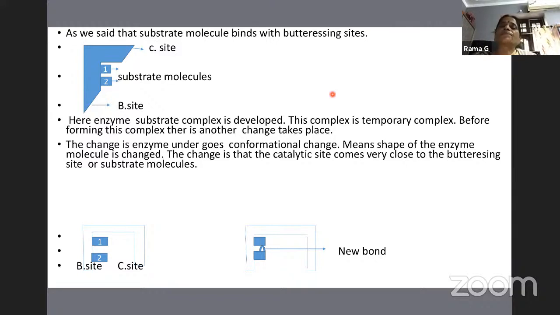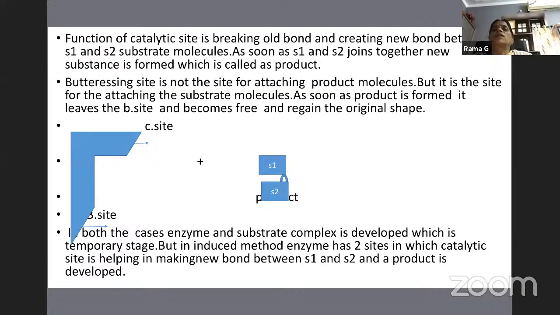After that, the enzyme substrate complex will be developed. The function of the catalytic site is breaking the old bond and creating a new bond between the substrate molecules. As soon as one and two join together, a new substance is formed, which is called the product.